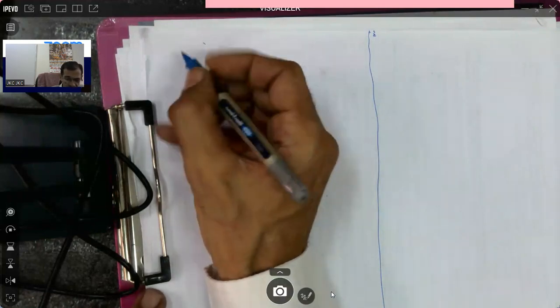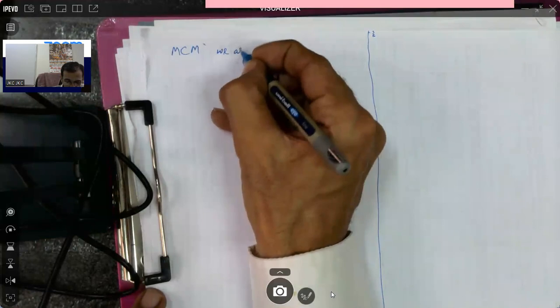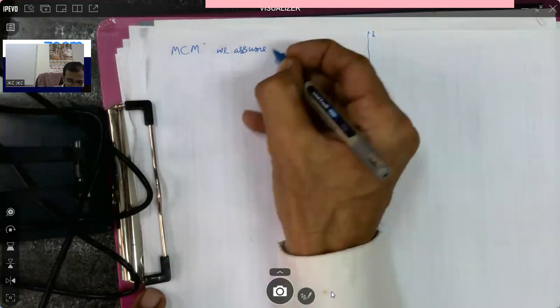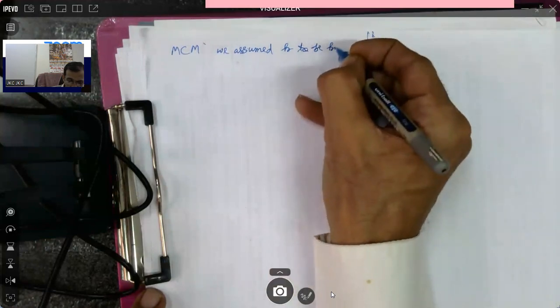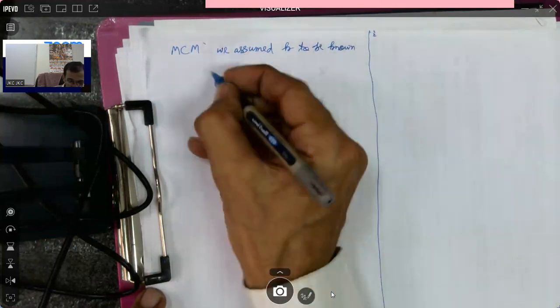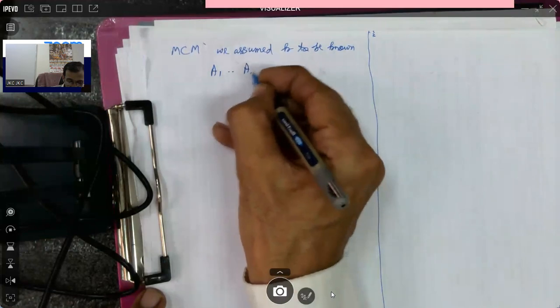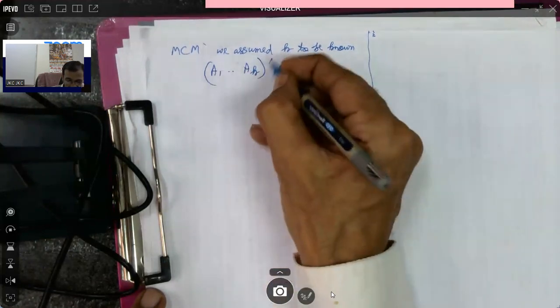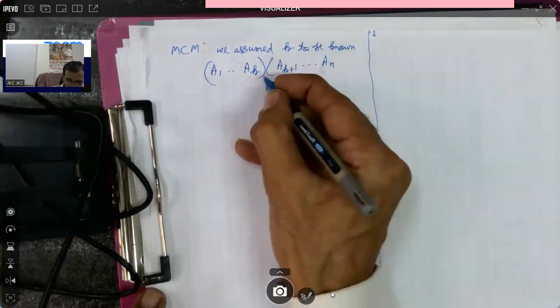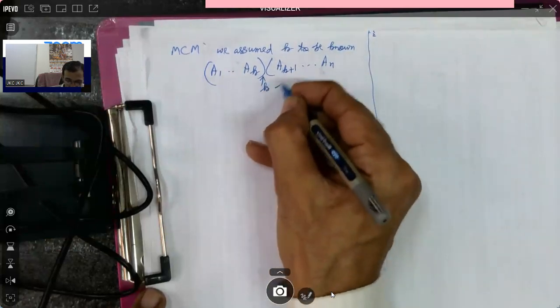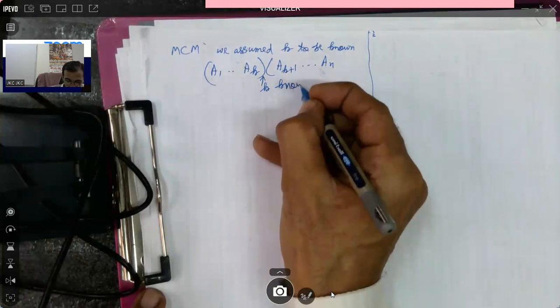As last time I also said, in MCM also, we assumed that K is known, and at that K, A1 to AK will be under one parenthesis, and AK plus 1 to AN will be another parenthesis. K known to us through some maybe special powers.